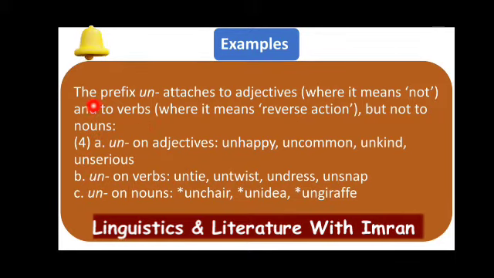So you can attach the prefix un to adjectives, where un means not, and when you attach un to verbs, it means reverse action, but not to nouns. You can add un to adjectives, you can add un to verbs, but you can't add un to nouns according to the rules.